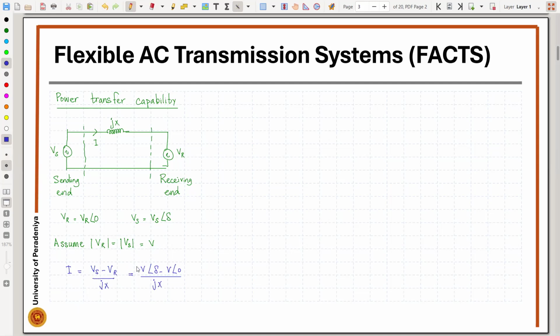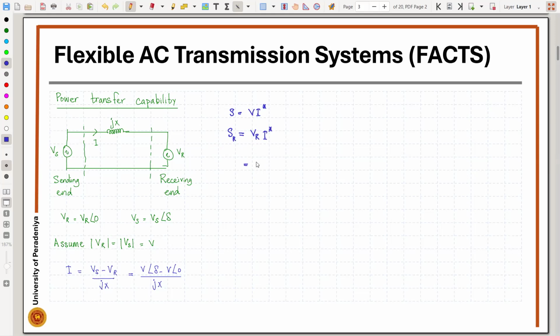So we have the current. Then we can consider the power is equal to V I conjugate. We consider the receiving end, so we have VR I conjugate.